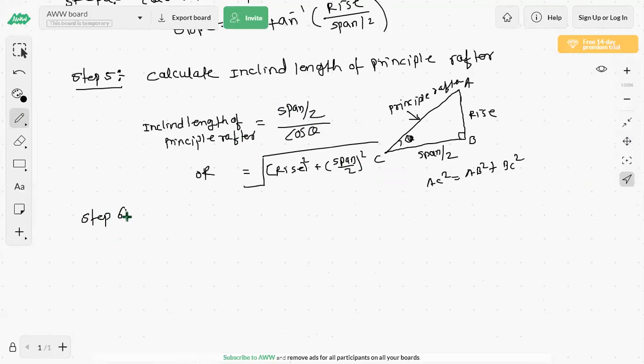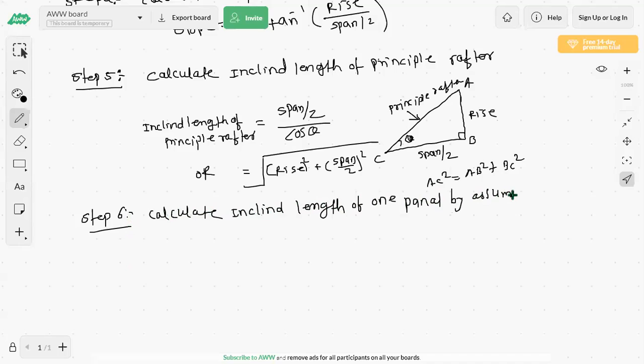Now step number 6: calculate inclined length of one panel by assuming number of panels.